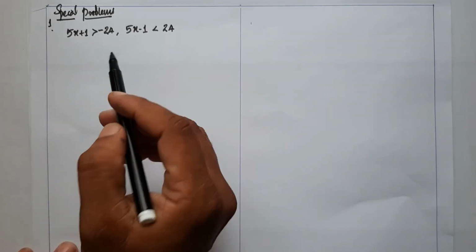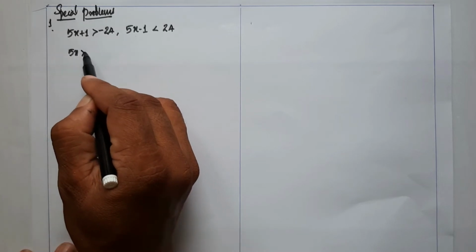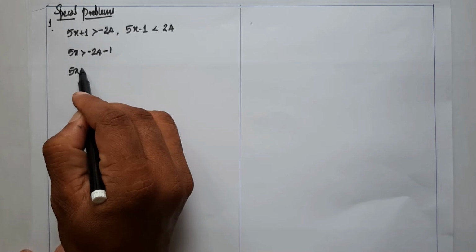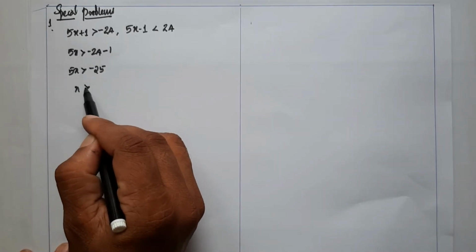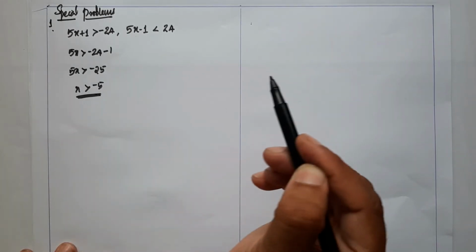How? First of all, you solve these two inequalities. That is, 5x greater than minus 24 minus 1, that is 5x greater than minus 25. Therefore x greater than minus 25 by 5, we get the answer minus 5. It's the first part of the solution.